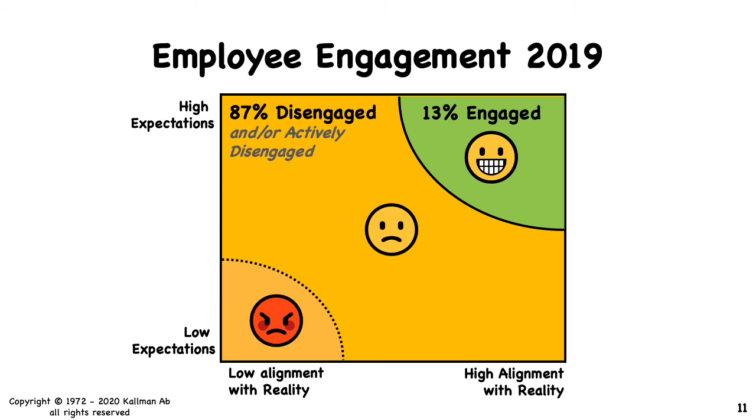The whole point of transforming your organization and to use flow and try to bring people up the agile curve is to move that 13% out to the left and increase the size of that circle so that less and less of your people are disengaged and more are engaged.